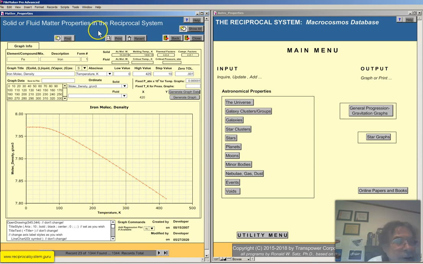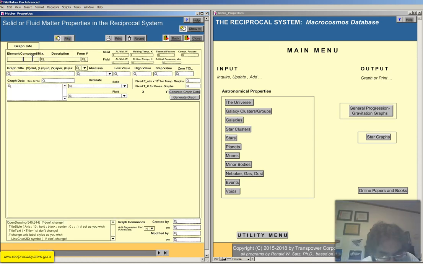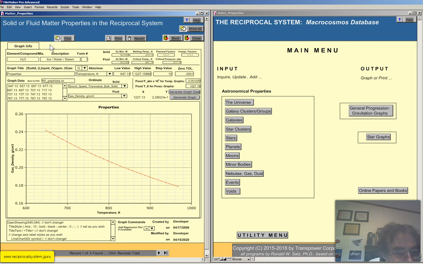Okay, now let's look at water. We'll just do one more. And this one is gas density. So this time I have the fluid parameters here: critical temperature, critical pressure.